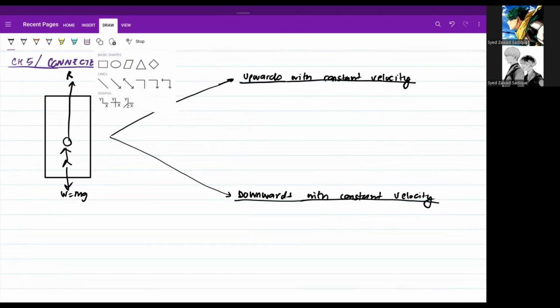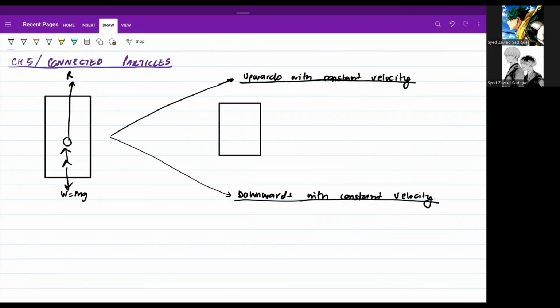If the lift goes upwards with constant velocity, the man is here. He has weight equal to mg.